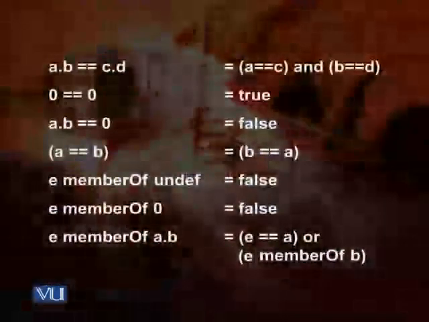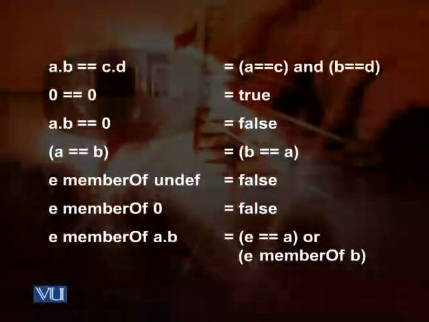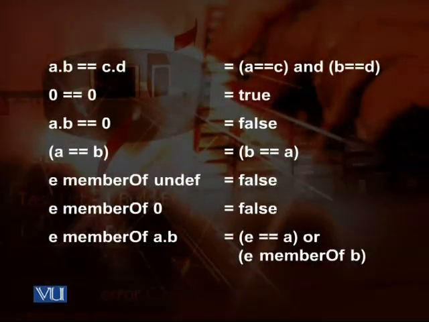The answer is very simple. We first compare E with A. And if the two are equal, we say, yes, E is a member of this new list. Obviously, because A is equal to E. Now, what we are saying here is that if they are not equal, then E is going to be a member of this new list if and only if E was a member of the previous list.